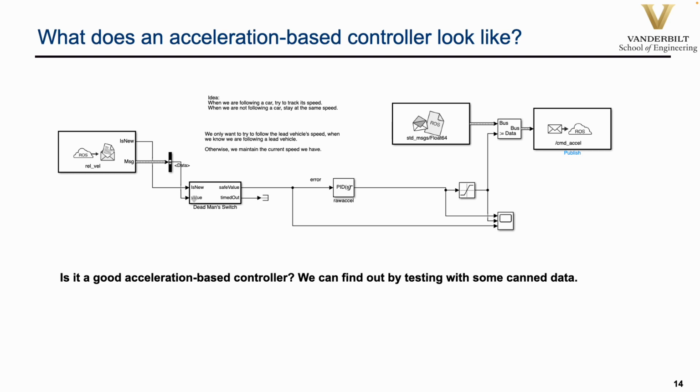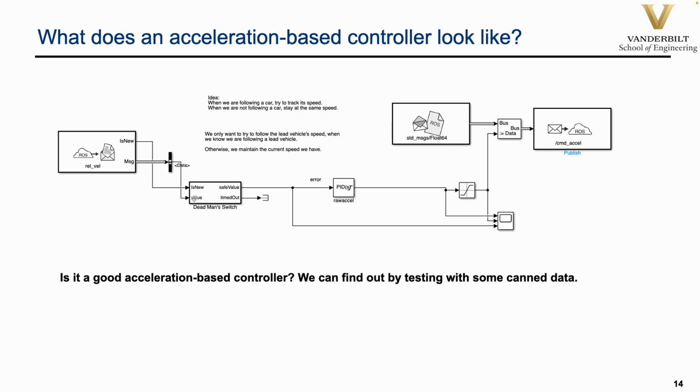Otherwise, the output is the difference between the speed of the car ahead of me and me, which is already encoded as a relative velocity. So I don't have a feedback loop here. The feedback loop that measures the error between me and the car ahead is already handled by this. And then I just output that as a command acceleration after I do some control magic here.